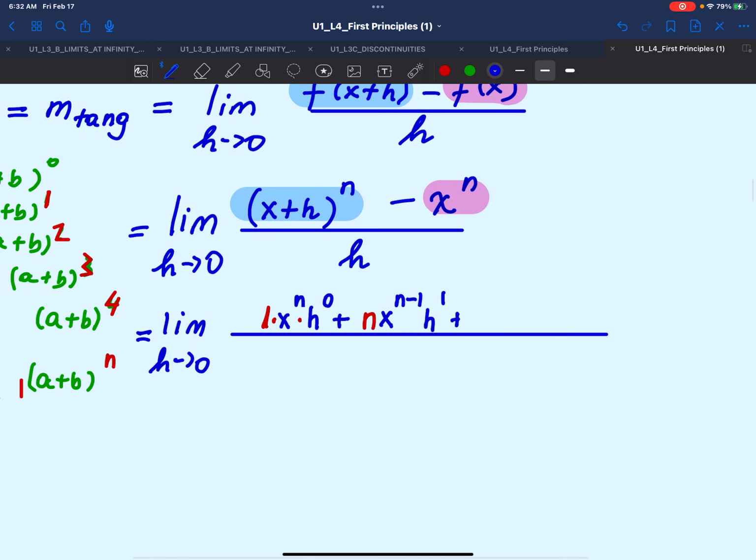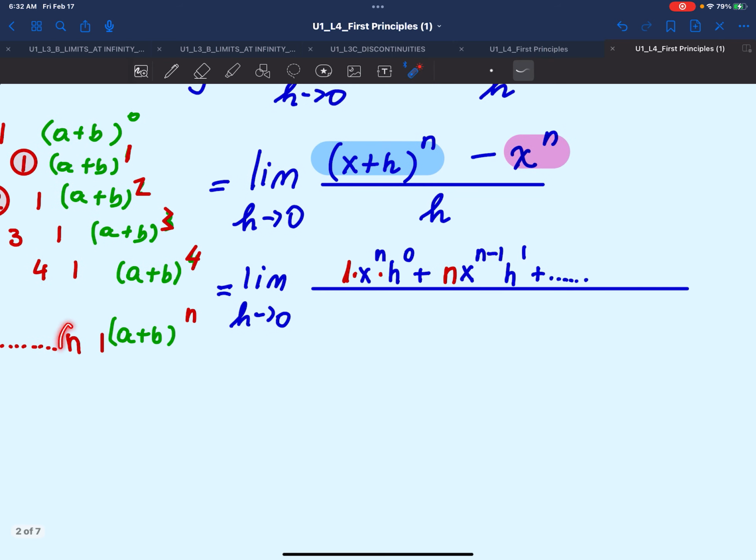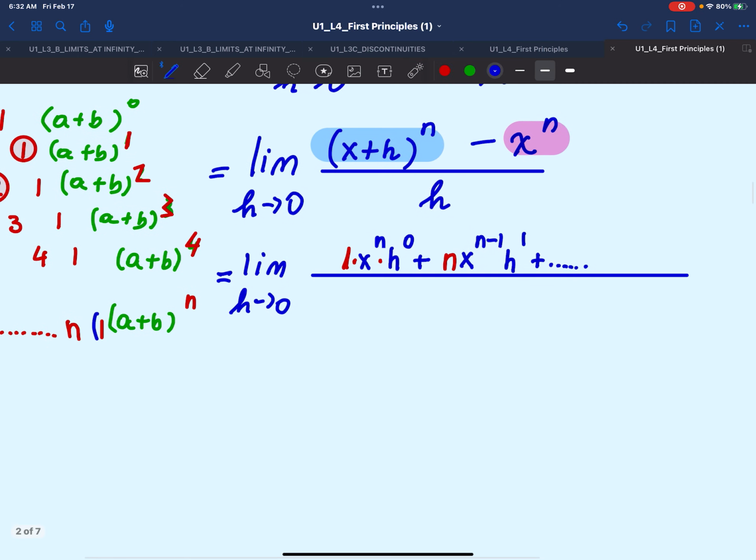And then we're going to have a bunch of terms in here. And we'll write the second last number. Or maybe it's best to start with the very last number. So in the very last term here, we're going to have the coefficient of 1. x will be to the power of 0, and h will have the highest power, n. Now, the second last term will have the coefficient n.